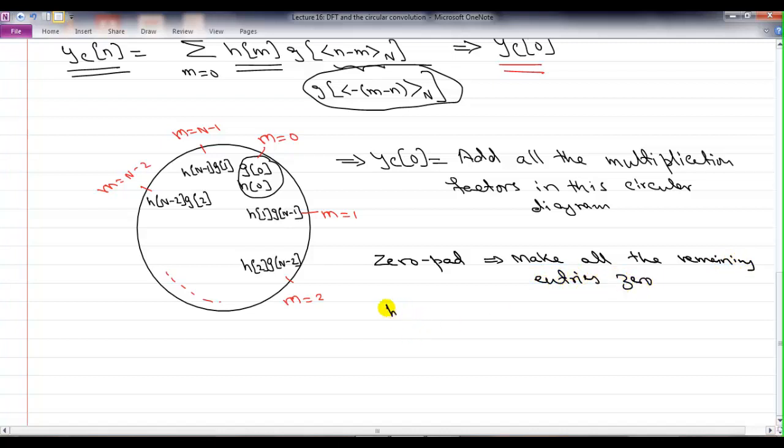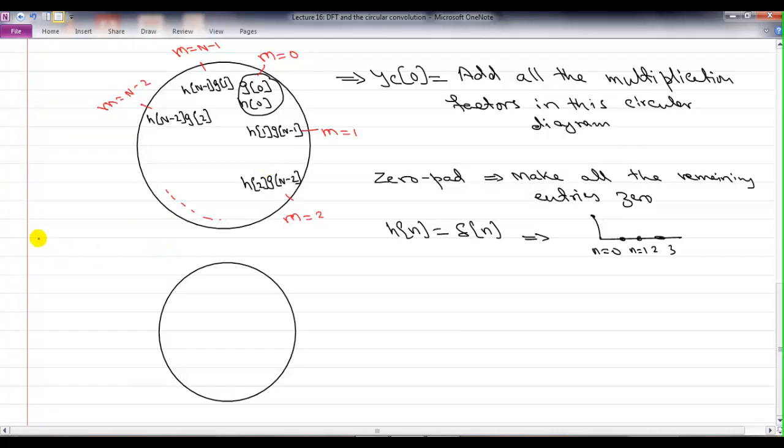So as an example, if h1 was equal to delta of n, technically this is a length 1 sequence. At n equal to 0 we have 1, but we can now add 3 more zeros to make it a length 4 sequence.